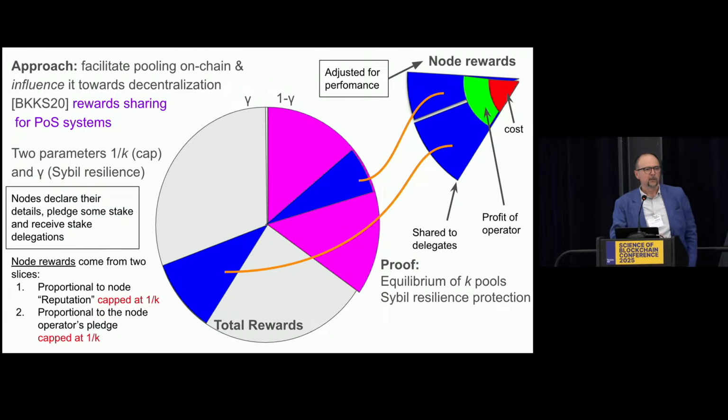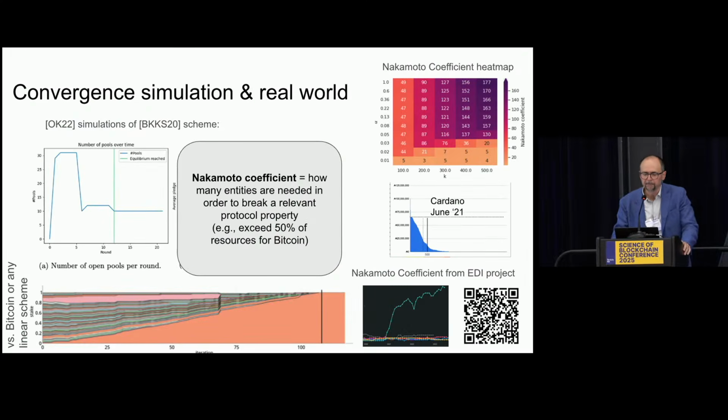Declaring the true operational costs is a truthful act, and by adjusting the parameter gamma, we can control Sybil attacks. But what does that mean? When thinking about Sybil resilience, the relevant metric here is the Nakamoto coefficient. This metric asks how many entities have to be controlled in order to break the protocol.